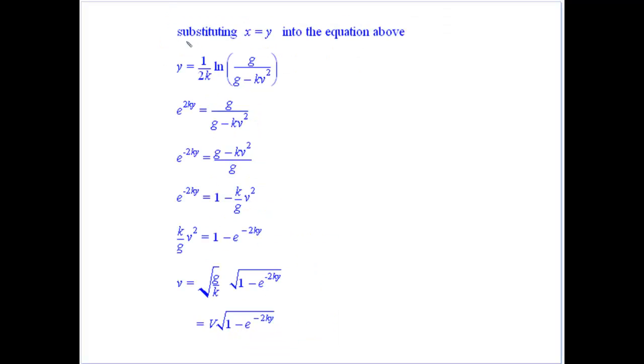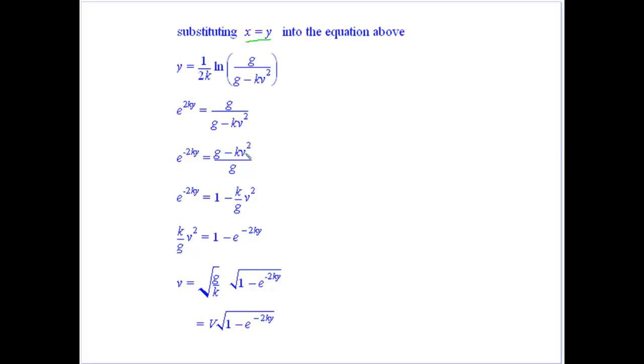The second part there, if we substitute x is equal to y, we get that expression. So at some point y. And then we start to manipulate y to get v in terms of y. So we've multiplied through by 2k, taken the definition of a logarithm, and then we start to play around with this.